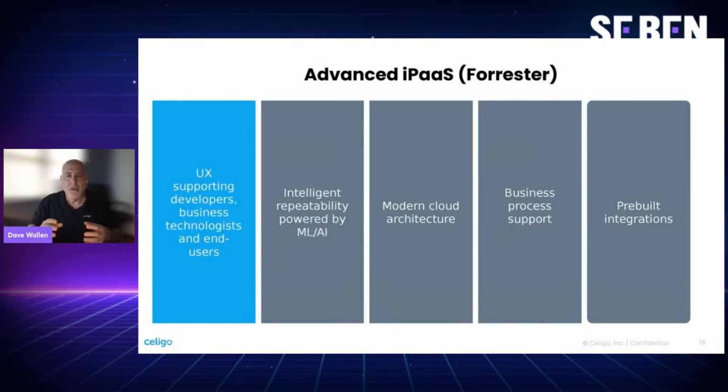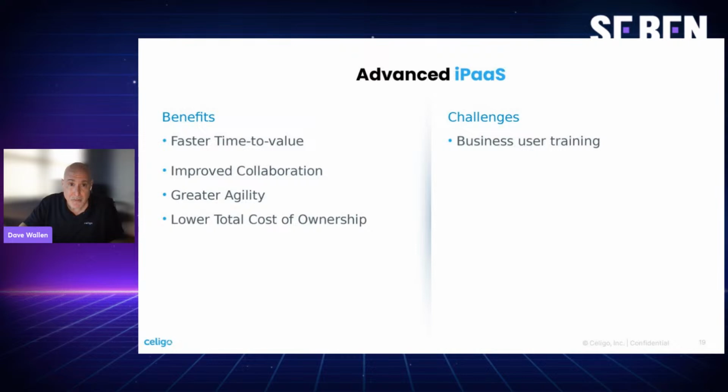But again, it's all focused on faster time to value and enabling people who are not necessarily technical developers to engage, be part of integration automation, and make better use of everybody's time and resources. So what you get out of an advanced iPaaS is even faster time to value.